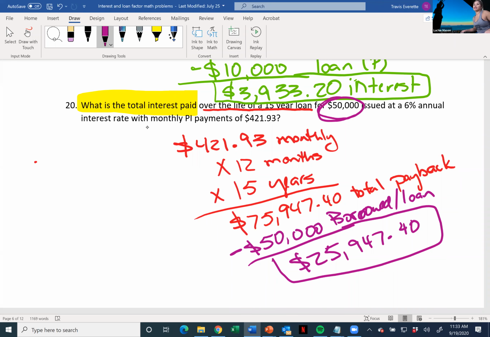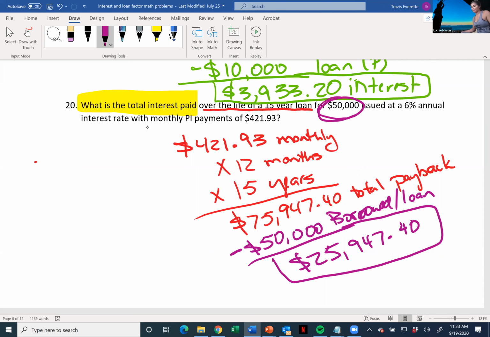It's basically how much you pay for all of those 15 years. That's right. So for all the 15 years, I'm going to pay $75,947.40. But of that, 50,000 of it was the actual loan amount. So the remainder that I paid was interest.